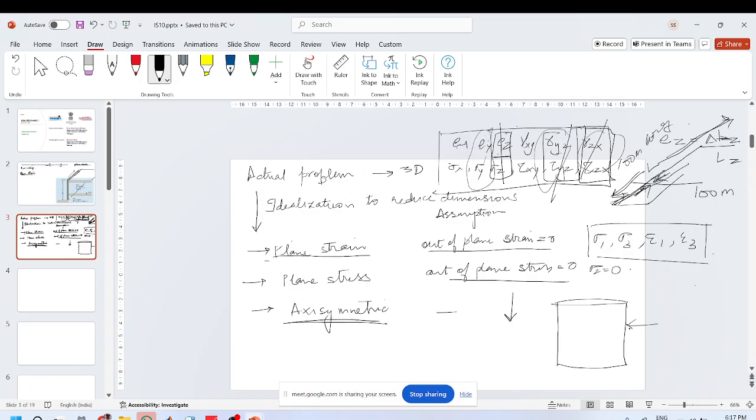It's not an assumption per se. It's actuality that in axisymmetric case, when you calculate your principal stresses, sigma 2 is equal to sigma 3.